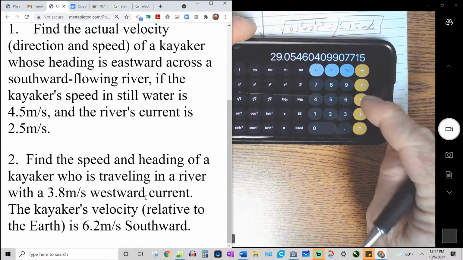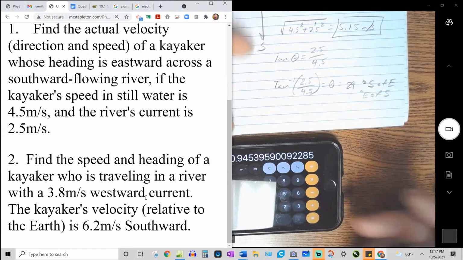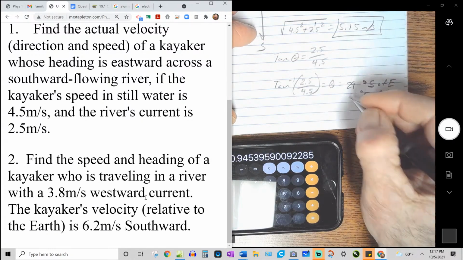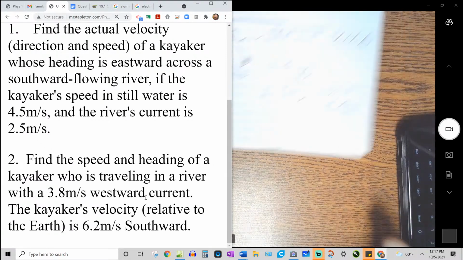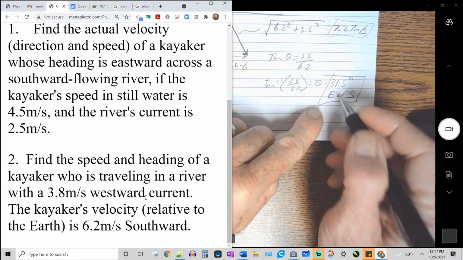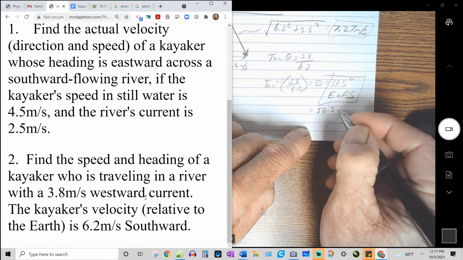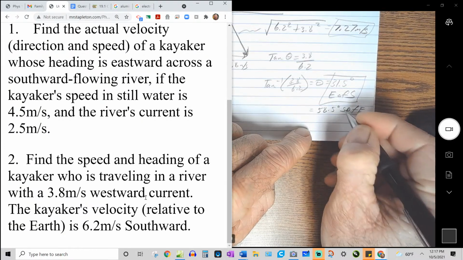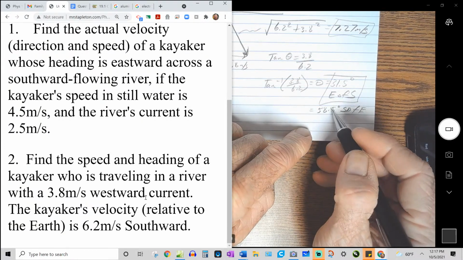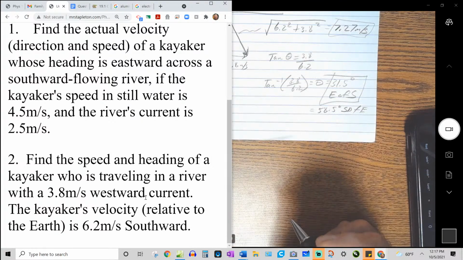And if I do 90 minus that, it's going to be 61 degrees east of south. And instead of 31.5, if I subtract that from 90, I get 58.5 degrees south of east. Make sure that's right. Yeah.